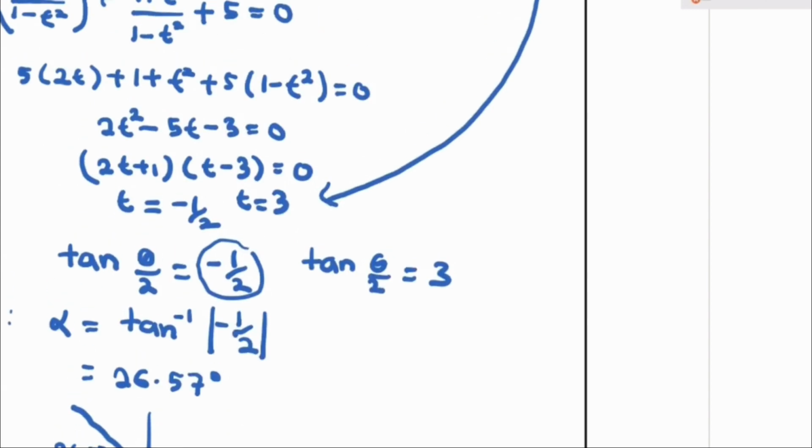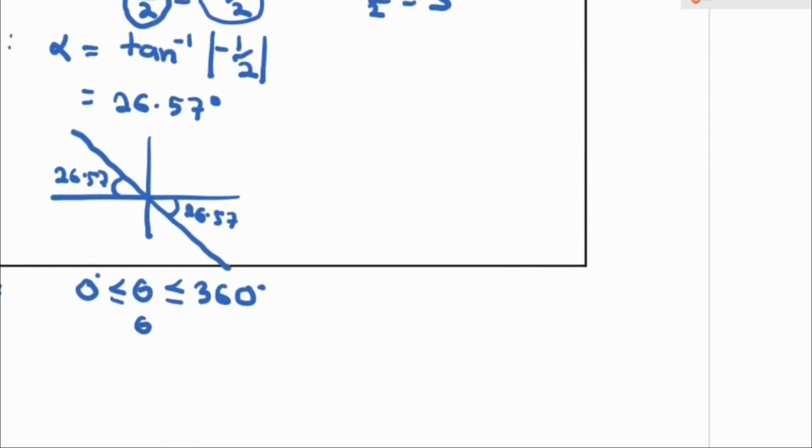But the question asks for theta over 2, so you must divide. 0 divided by 2 is 0, and 360 divided by 2 is 180. So you must rotate until you get 180, it cannot be more than 180.